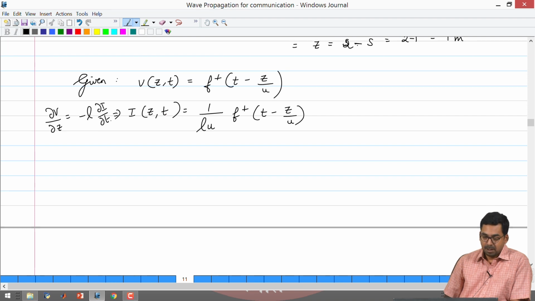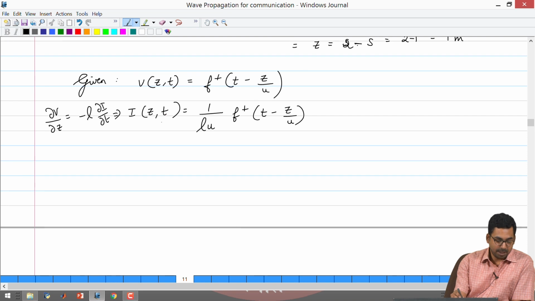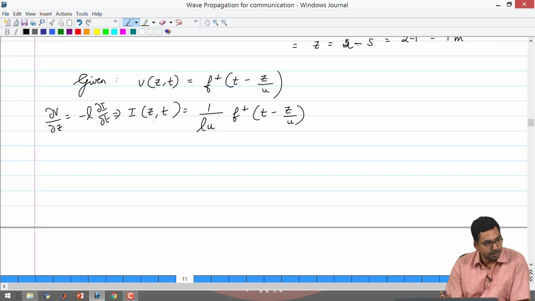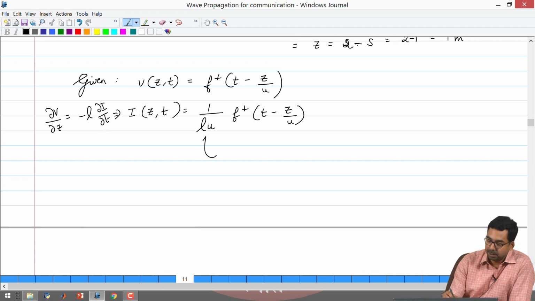Now, if you have a look at this, the left hand side I of z comma t is going to be of the form of amperes, all right, which means that on the right hand side you need to expect amperes. We already know that f plus of t minus z by u is the form for voltage. We already know what Ohm's law is going to be. So, L u needs to have the units of resistance.